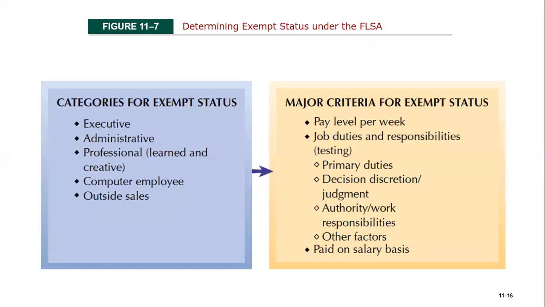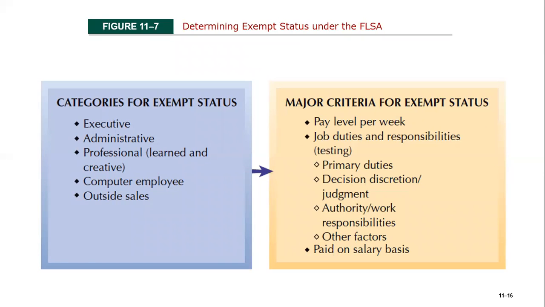The categories for exempted status are executives, administrators, professionals, creative, computer employees, and outside sales. The major criteria for exemption status is to see their per week pay level, how much they are paid per week, and the job duties and responsibilities.